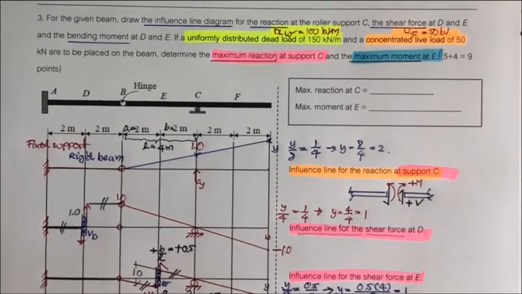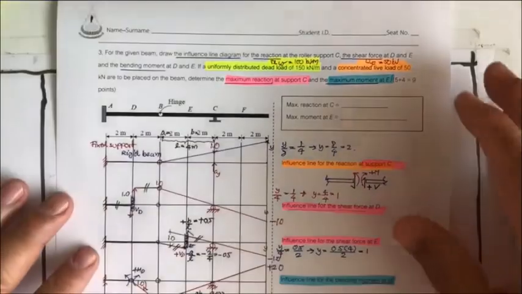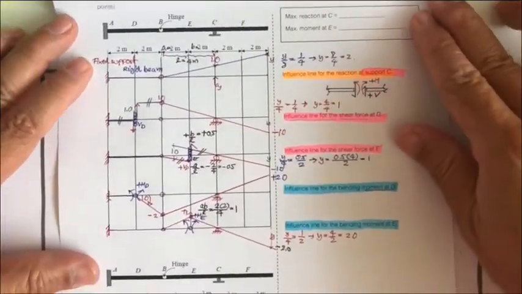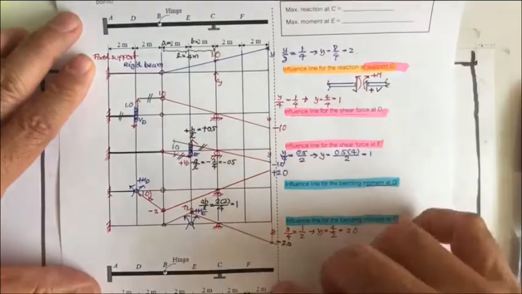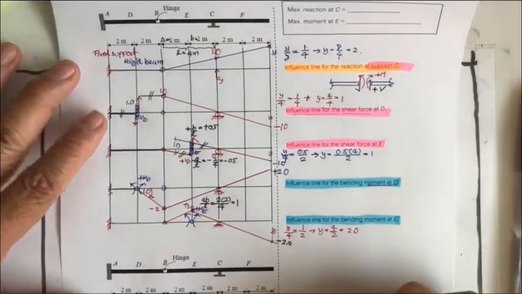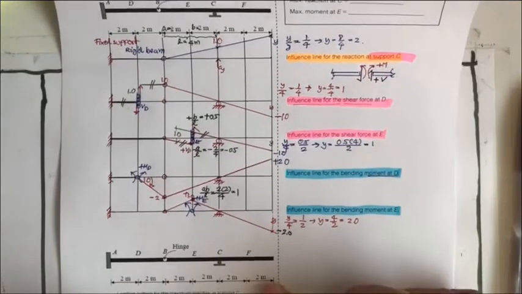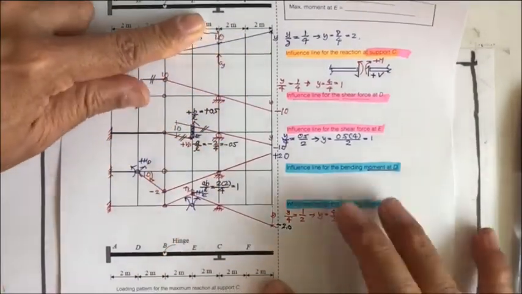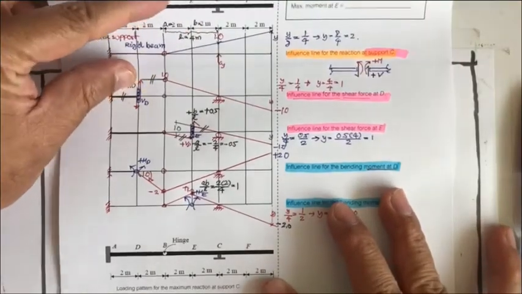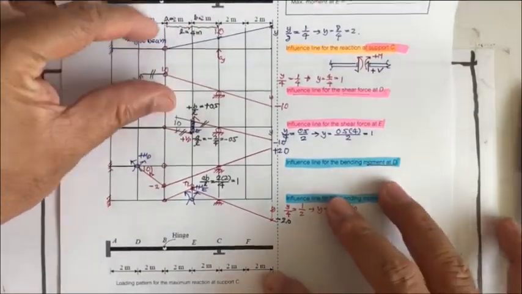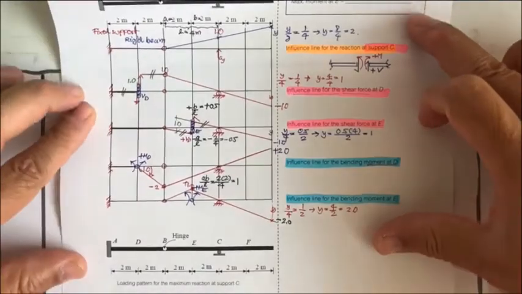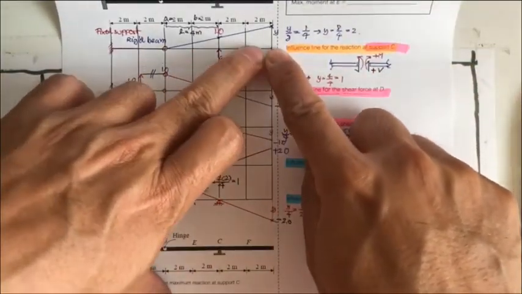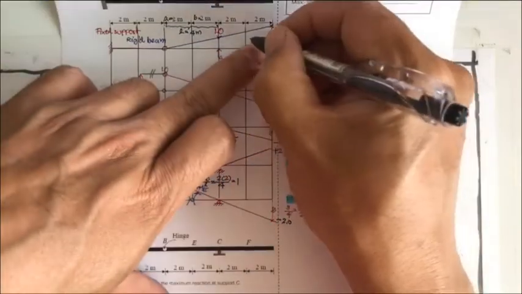Okay, let's remove this one a little bit like this. And then here we come. Okay, we have the beam there. Here, influence line of R sub C is here. And if we like to find the loading pattern, we can see that the area of the influence line of C sub y, all of them are plus.